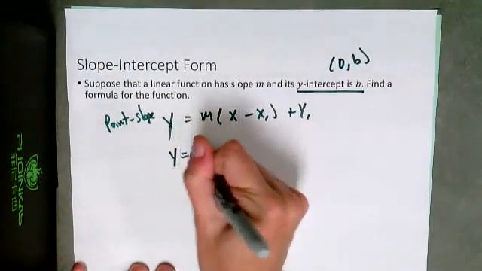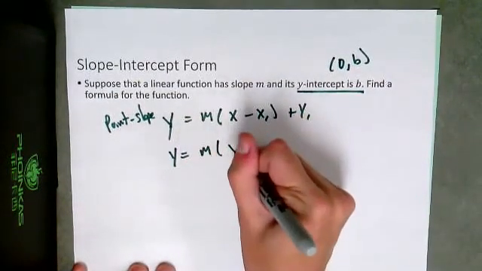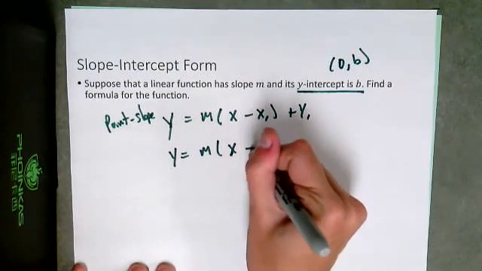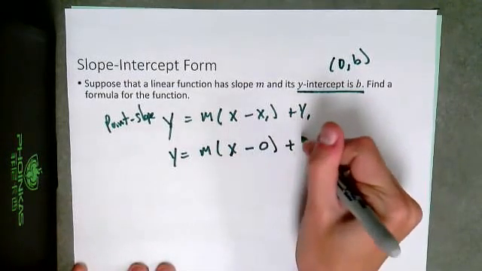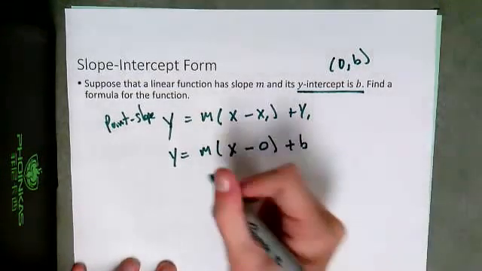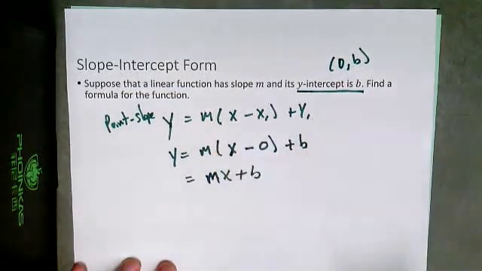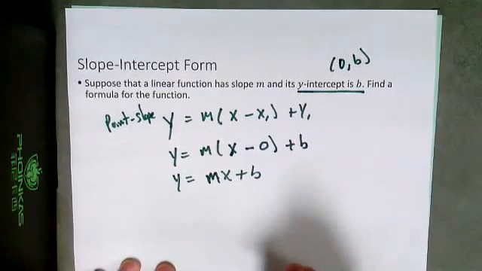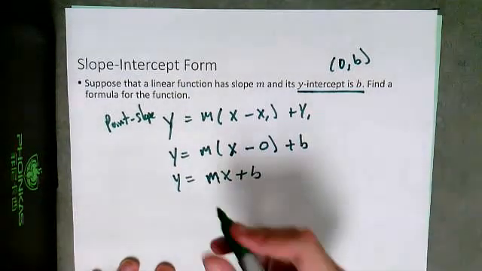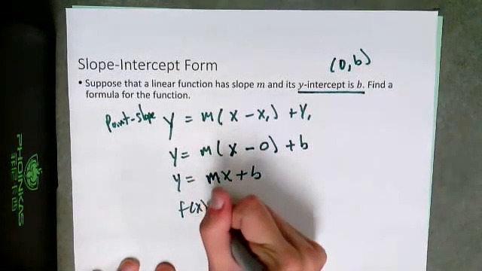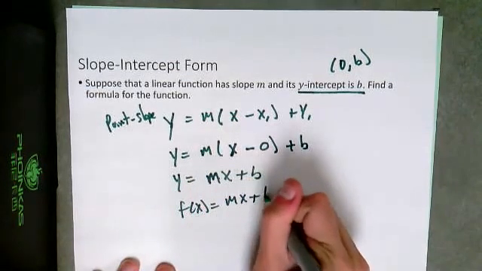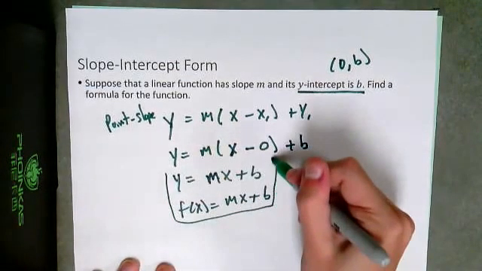So we have y is equal to m times x minus 0, plus b, or just mx plus b, which I'm sure everyone has seen before. Another way to see this is f of x is equal to mx plus b.